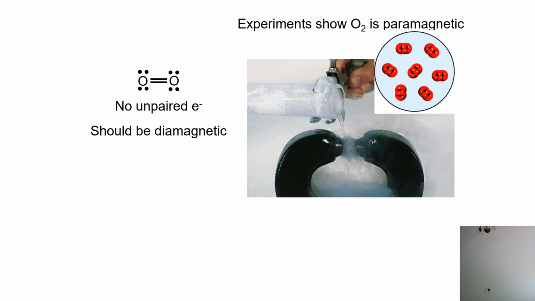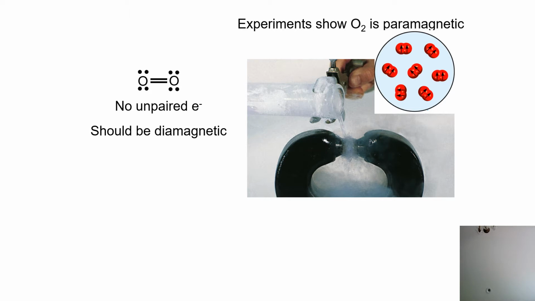We've discussed diamagnetic and paramagnetic characteristics. Paramagnetic molecules or atoms have unpaired electrons. In diamagnetic molecules or atoms, all the electrons are paired.